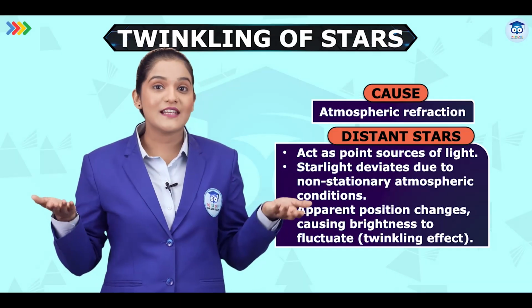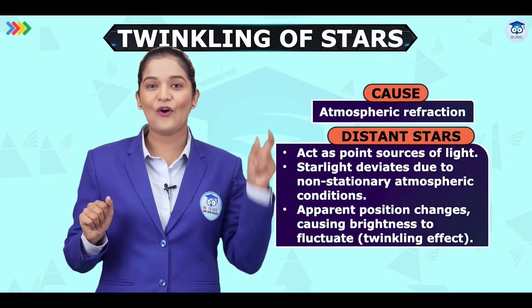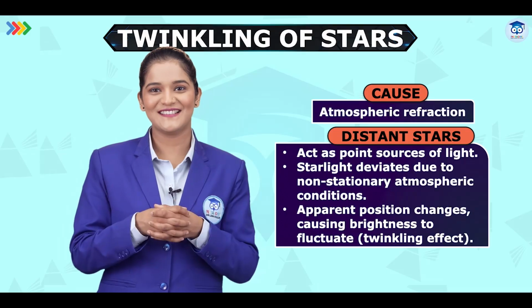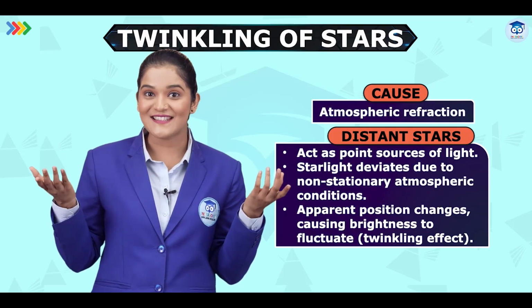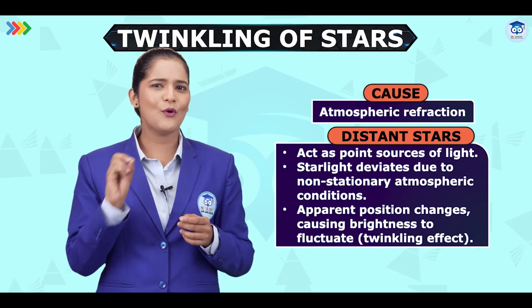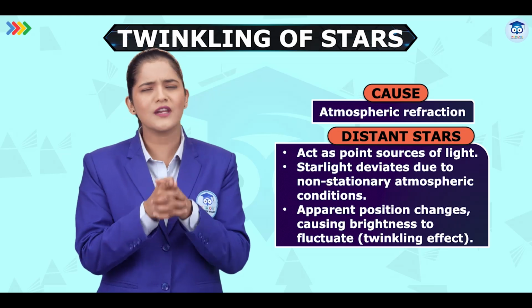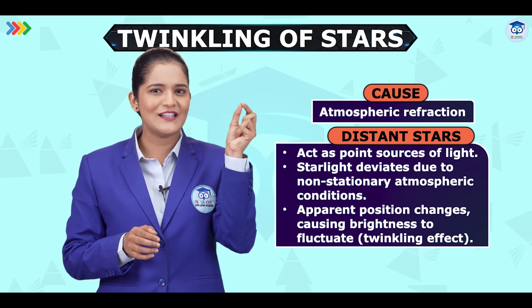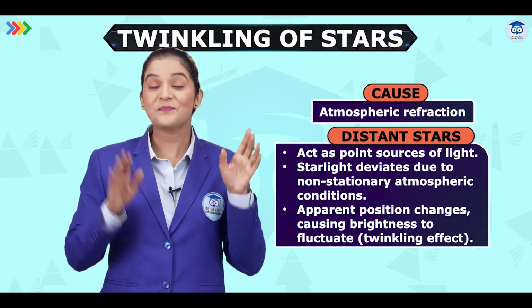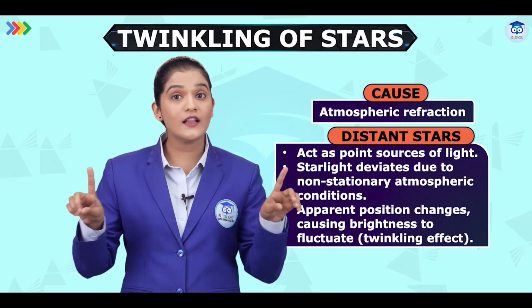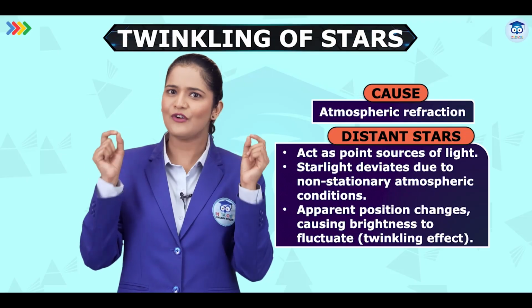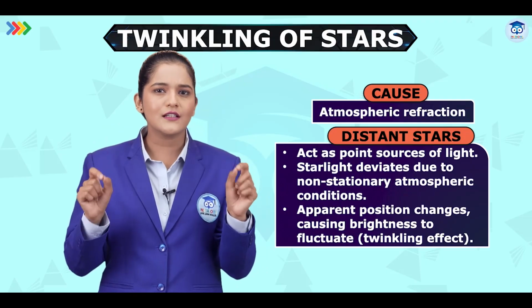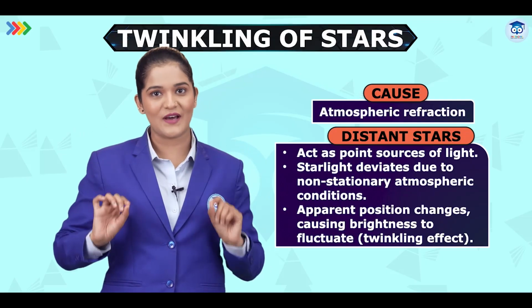Let us now understand another real-life example of atmospheric refraction: the twinkling of stars, a phenomenon that is both visually striking and scientifically intriguing. Since stars are extremely far away from us, they appear as point sources of light in the night sky. This means that all the light reaching our eyes from a star is concentrated along a single narrow path.